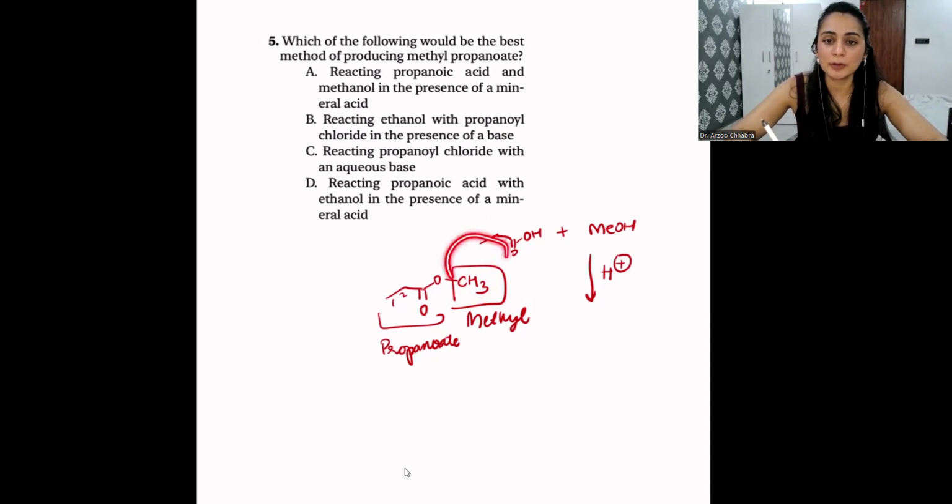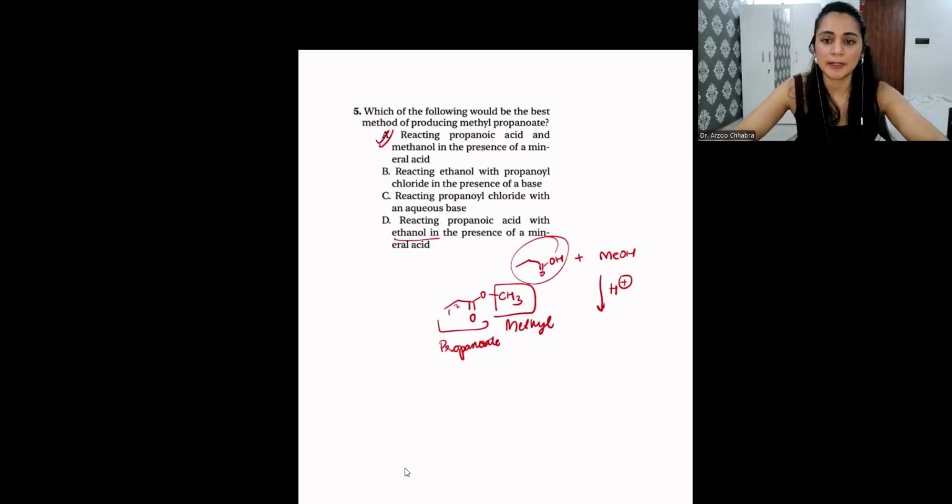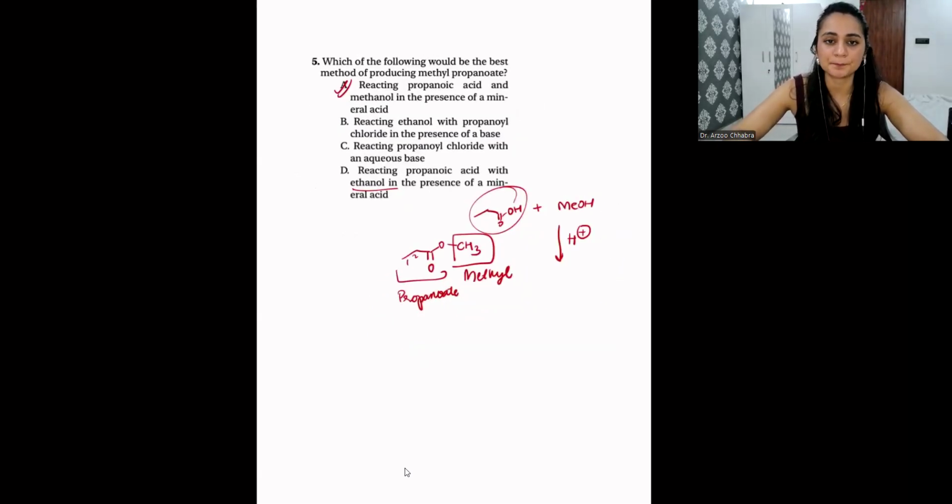If you react that with the base, you will just form carboxylic acid, right? That's just hydrolysis. For option D, reacting propanoic acid with ethanol in the presence of mineral acid, we are again forming the ethyl ester, not the methyl ester. And that's why option A is the correct answer for this problem.